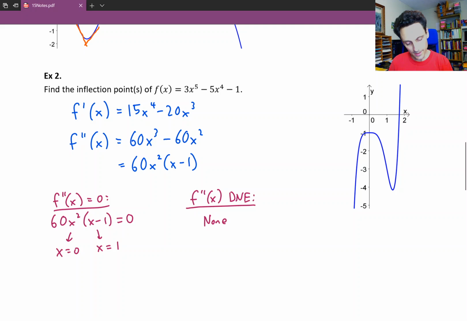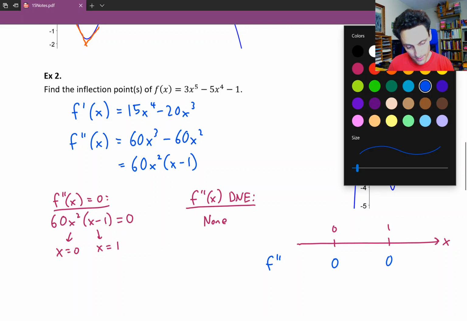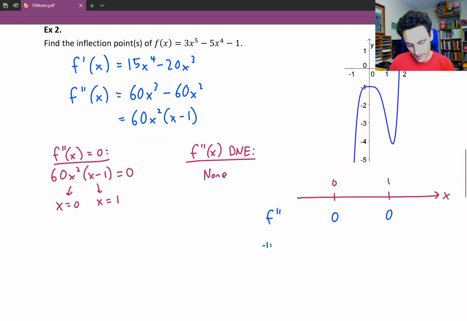Then we can start things off by plugging in an x value into the second derivative. I'll just plug in like -1 to start us off. Here we get positive 60, I'll include it in there just in case that's ever a negative number. If that were negative 60, we'd want to write that there's a negative factor in there that's flipping signs. But this is positive 60.